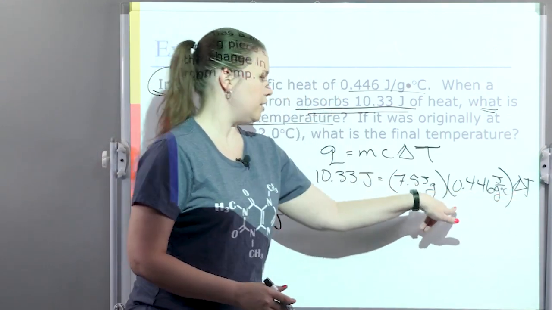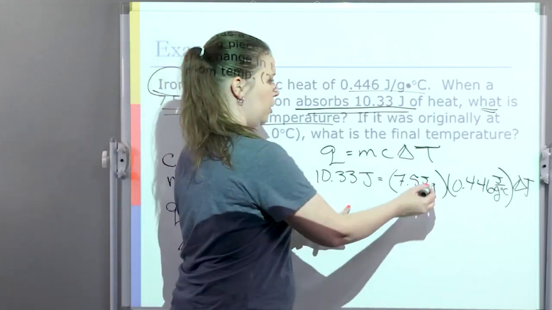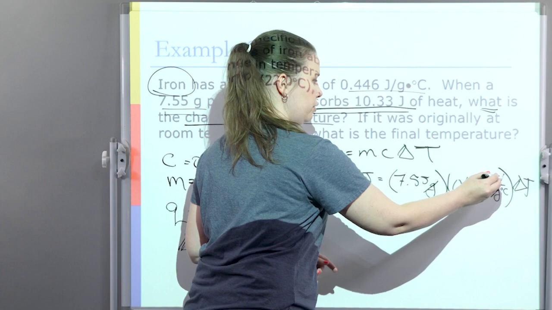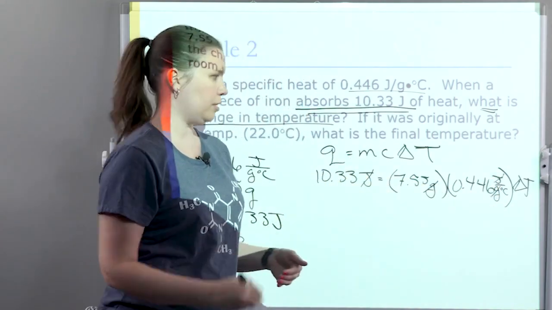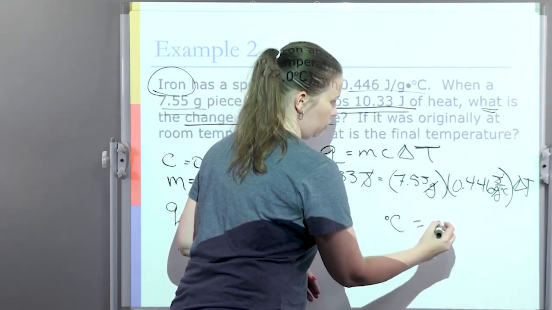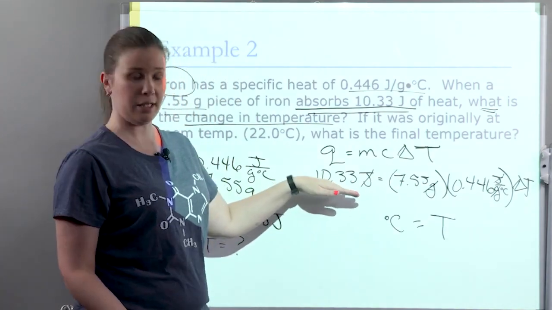So to isolate delta T, I'm going to be dividing the 10.33 by each of those numbers. My grams already cancels out. And then when I divide joule by another joule, that will cancel out, leaving Celsius in the denominator of the denominator, which we know is really in the numerator. So I've got degrees Celsius as my unit for temperature. So now I just need to actually do this division.